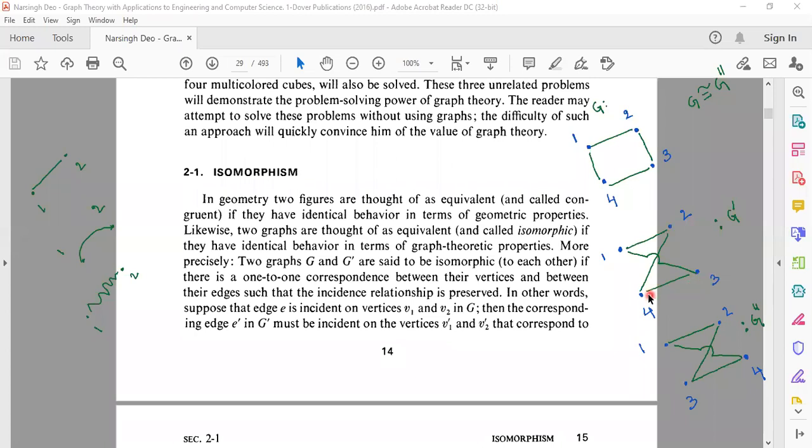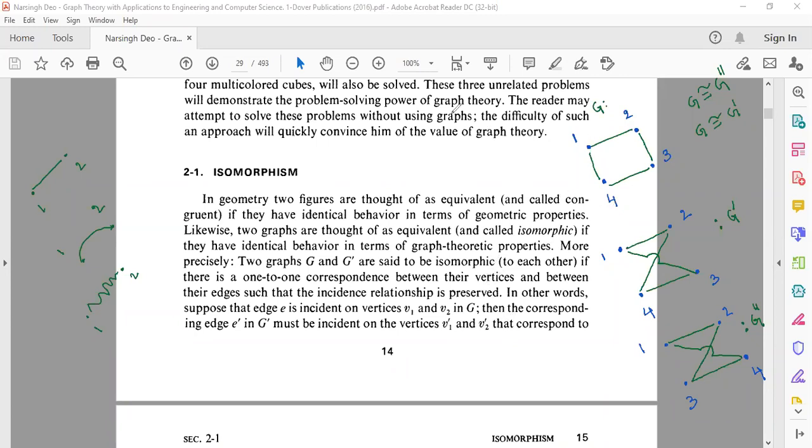If I replace the name of vertex 4 by 3, and the name of vertex 3 by 4, you are going to get the same graph as described in capital G. So actually, this graph G prime is also a graph which is isomorphic to G. So I am going to consider this also to draw the graph capital G. So both these pairs, G and G double prime, and G and G prime, are isomorphic to one another.